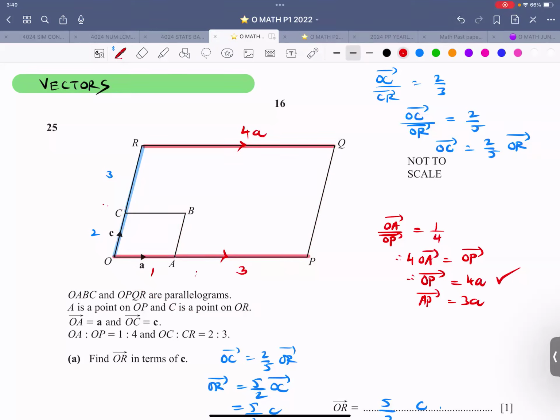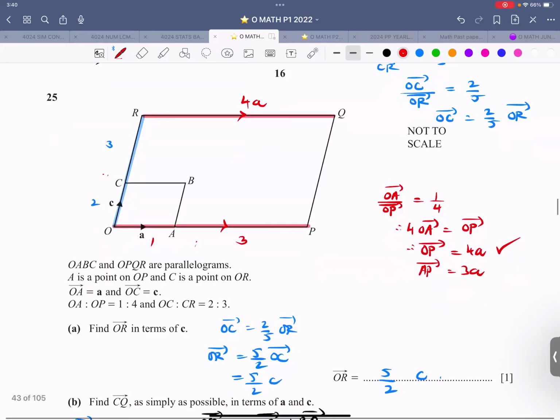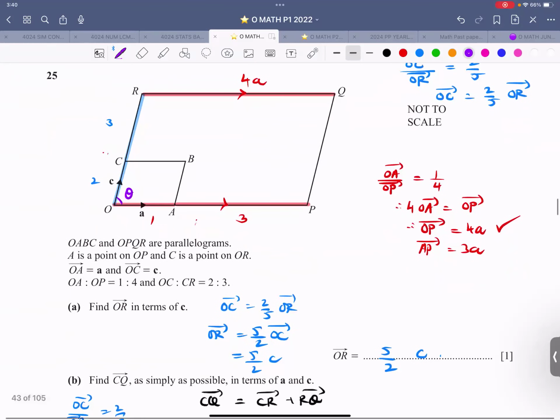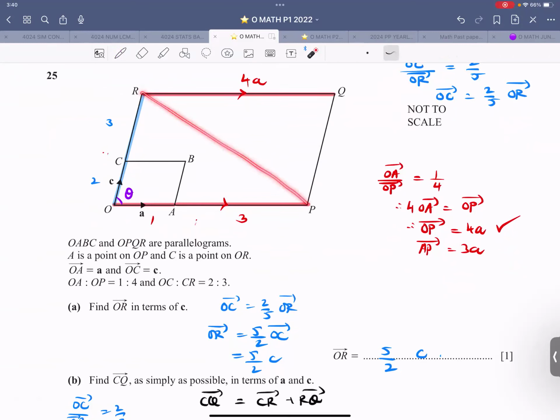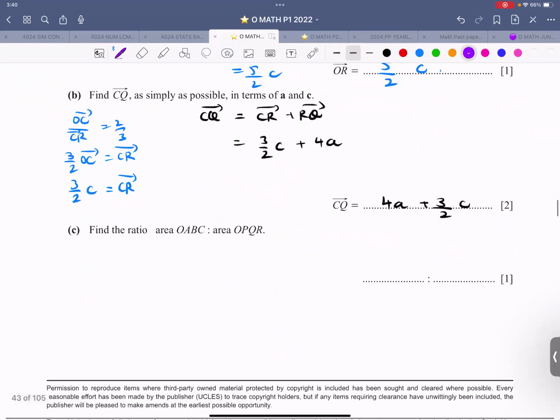Now, if I use the concept that there is some angle over here, theta, and I need to find the area of this thing, a triangle. So I'll say half AB sine C, and this area will be the same. So first of all, let me write this knowledge.